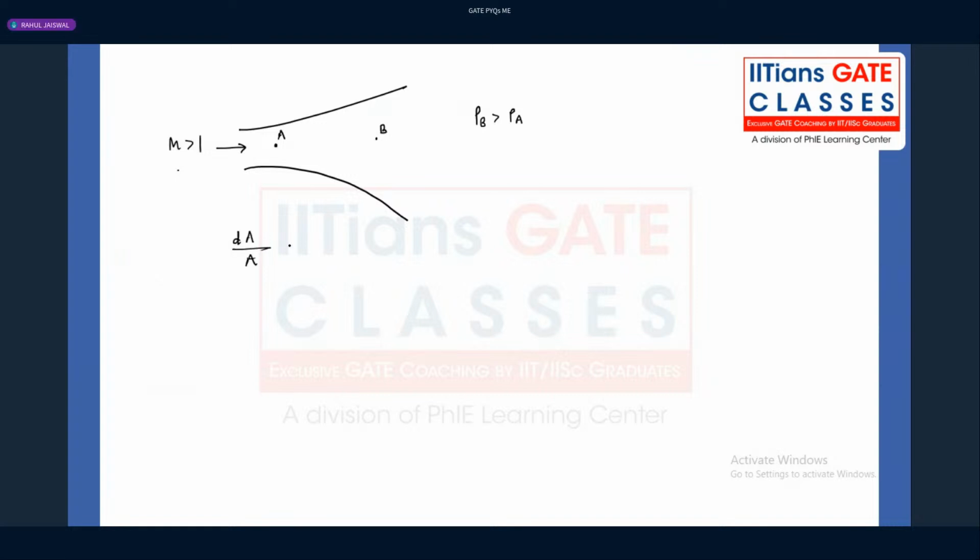dA over A is equal to (M squared minus 1) into dV by V. This particular relation is very, very important, guys. By this particular relation, what you can understand: from A to B, the area is increasing. That means dA is positive. If you are moving from A to B, area is increasing. Definitely change in area is positive.